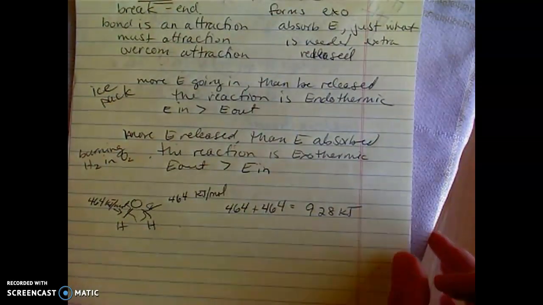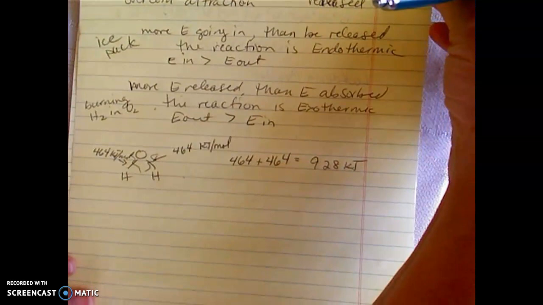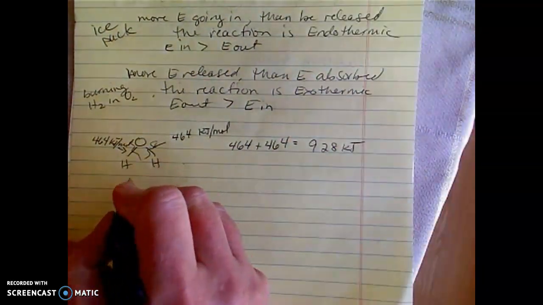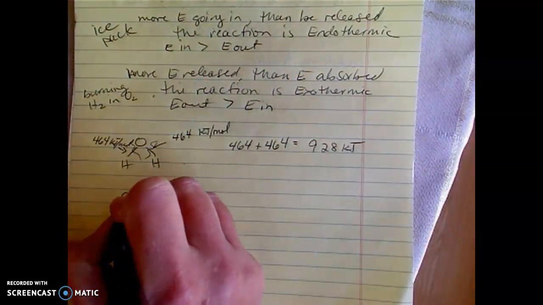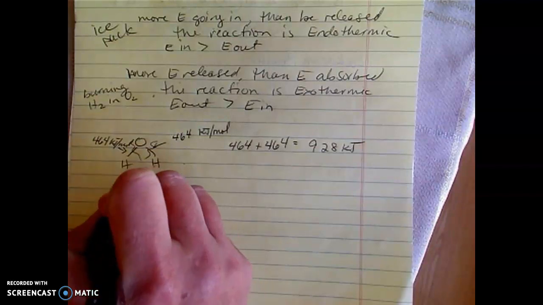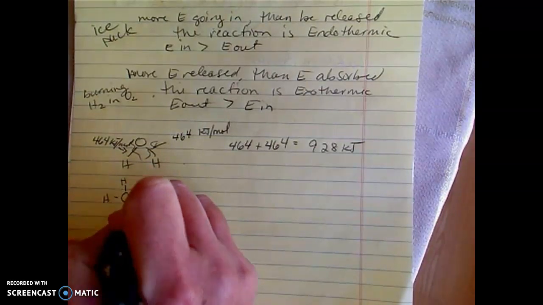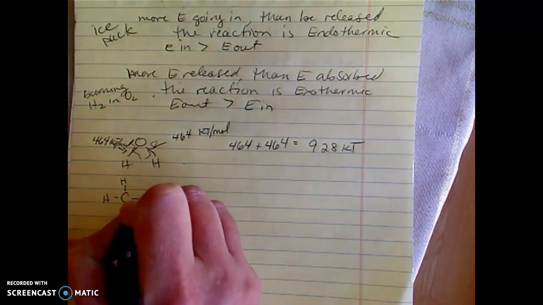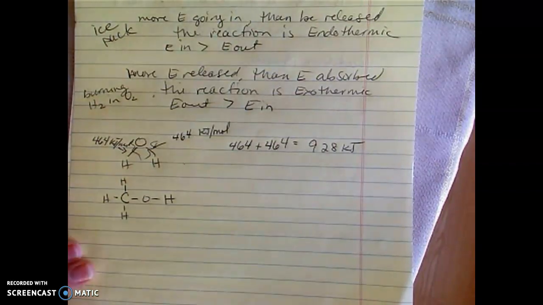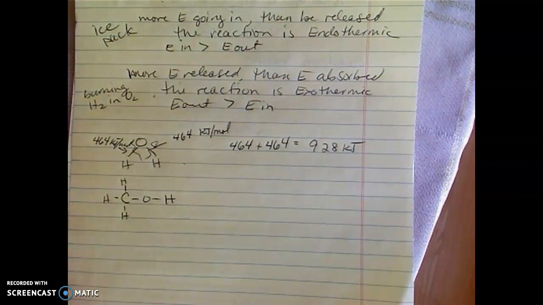Let's look at a slightly more complicated problem. Let's say we had methyl alcohol. That would be CH3OH. Okay. So how much energy would it take to break apart 1 mole's worth of methanol? Again, you'd go to your table, you'd look up your energies.